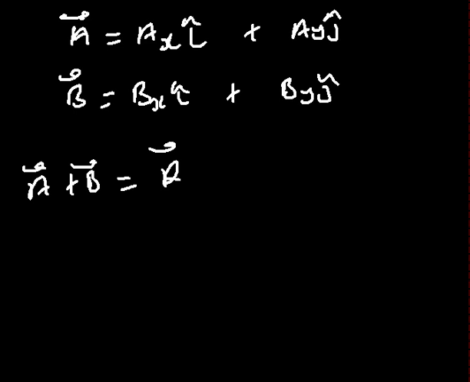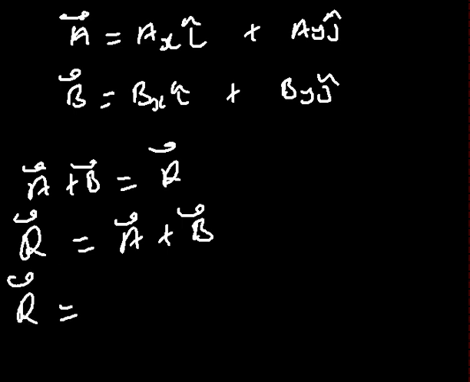At the end of the day, you have to understand that the resultant vector R is equal to vector A plus vector B. Since all these vectors have their own components, the resultant vector R should also have its components: rxi, the x component, and ryj, the y component.